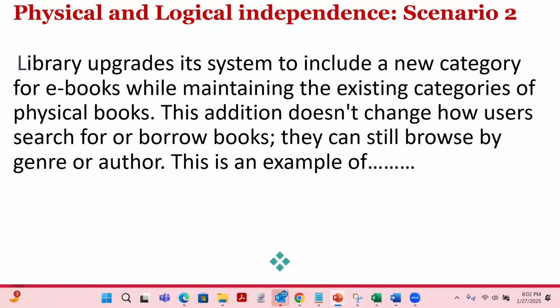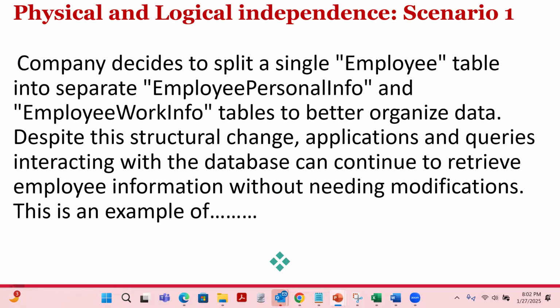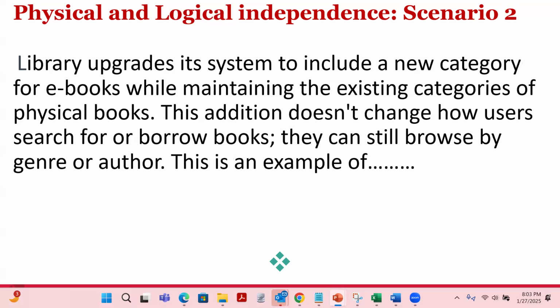And we are dealing with the database, we're modifying the database, and we're adding more data, right? So think a little bit where the changes to the data happened, on what level, and I'm going to put myself on pause here and decide whether it's physical or logical independence.